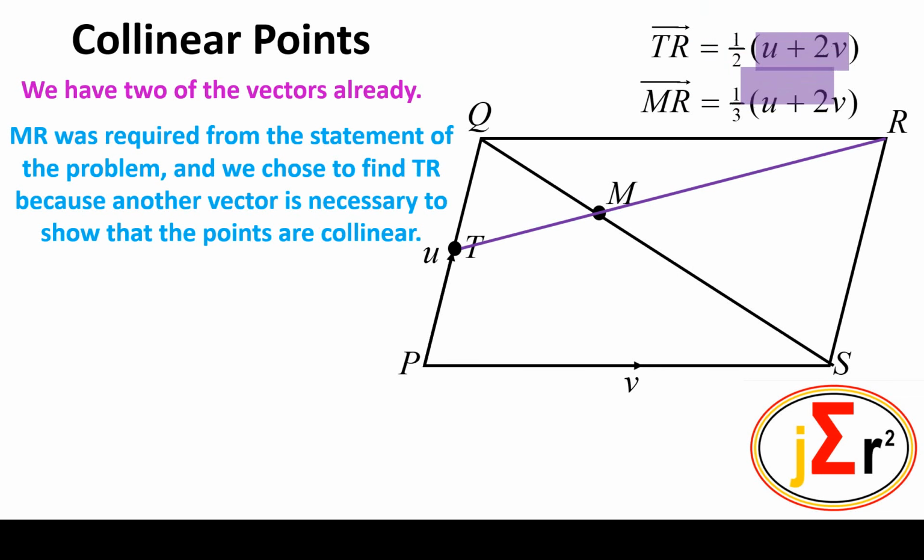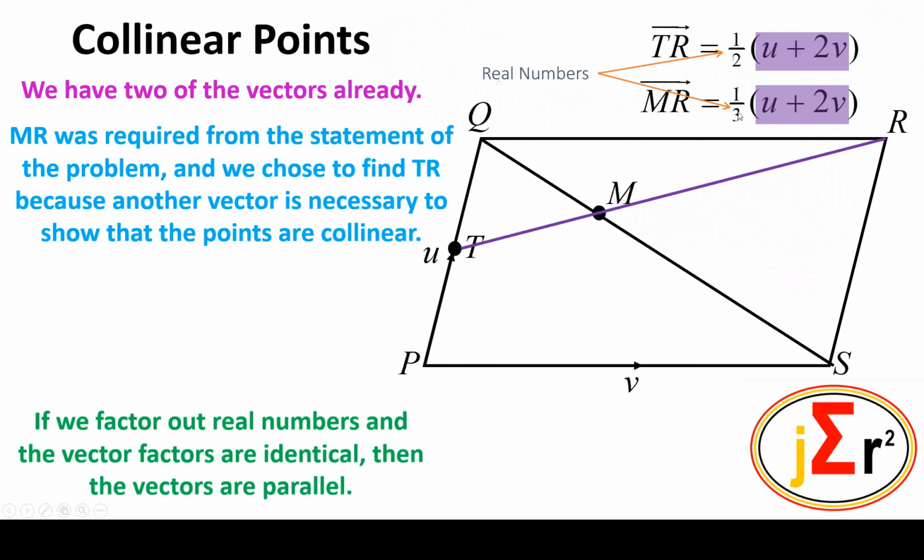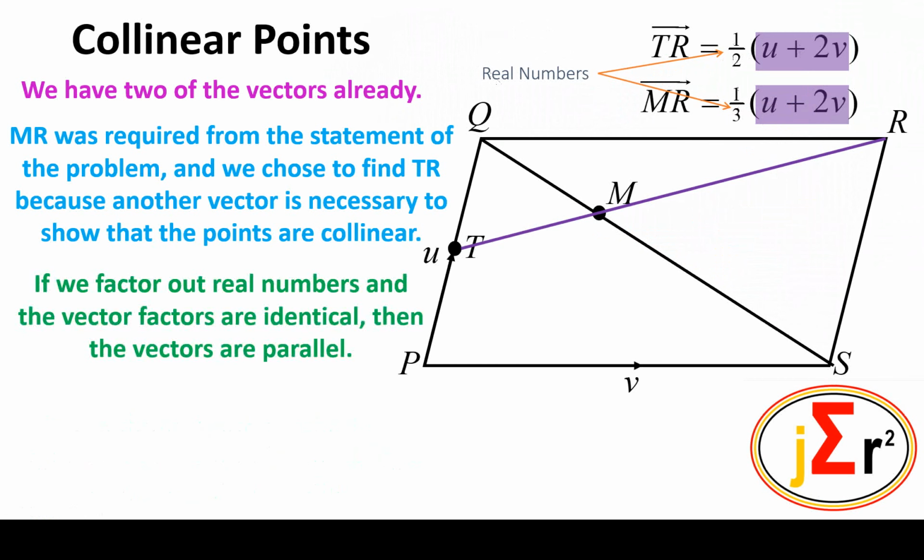Now, if we take a look at the vectors that we have inside of the brackets, we realize that they are identical. What we have here are real numbers, which are just multipliers. If we factor out real numbers and the vectors are identical, then the vectors are parallel.